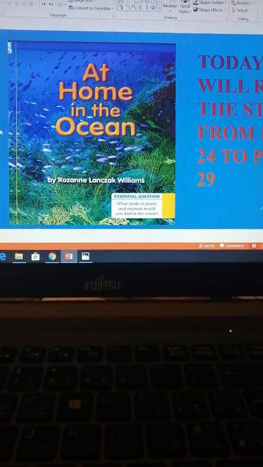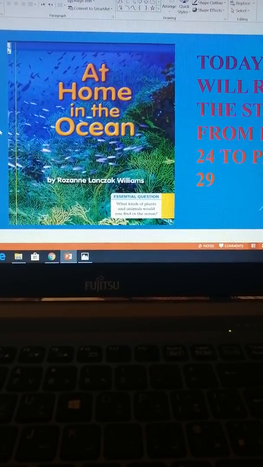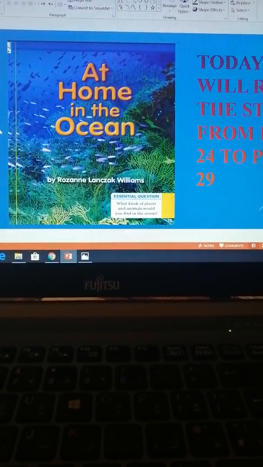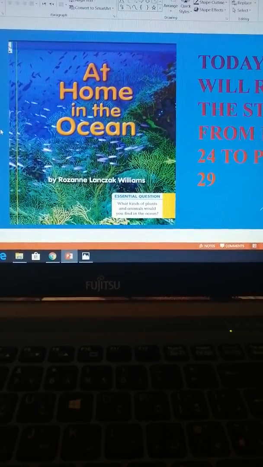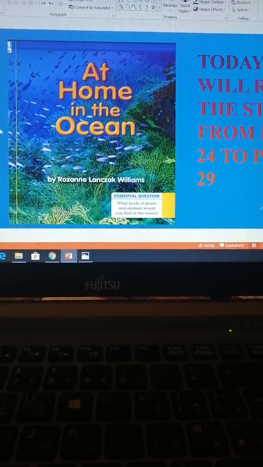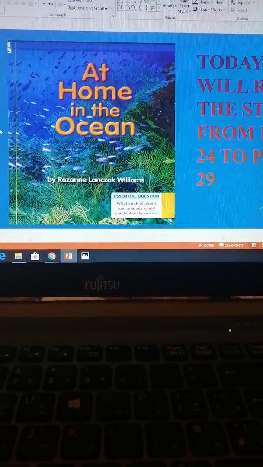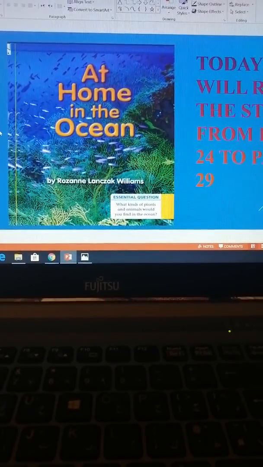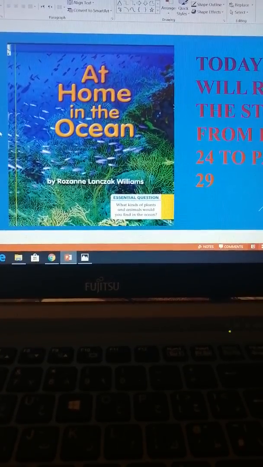So I can see different kinds of animals, and I can see here the water is not always cold. I can find some parts in the ocean are warm.